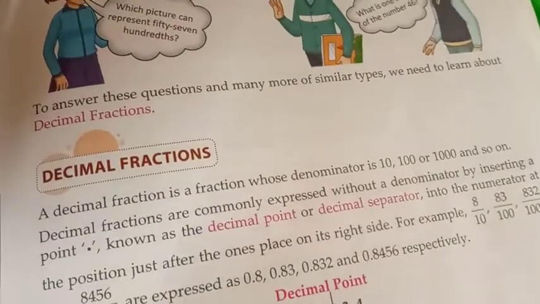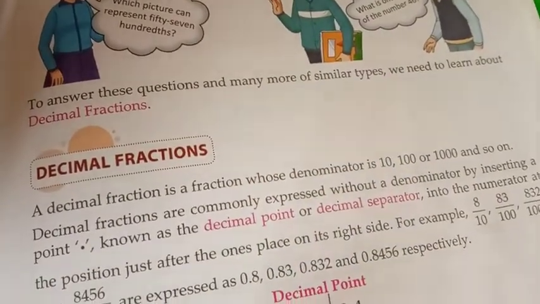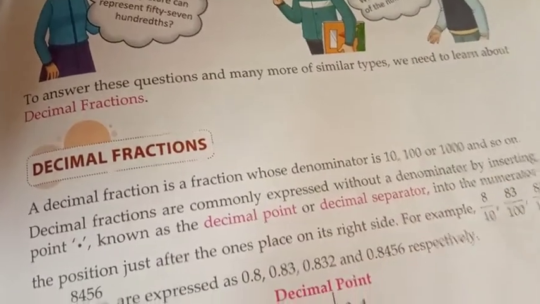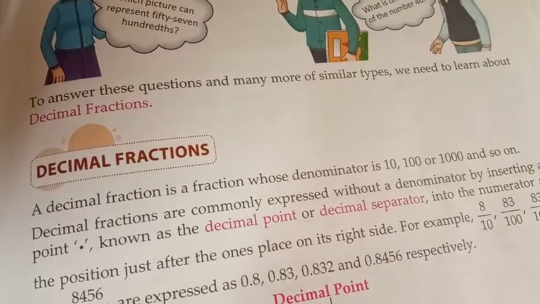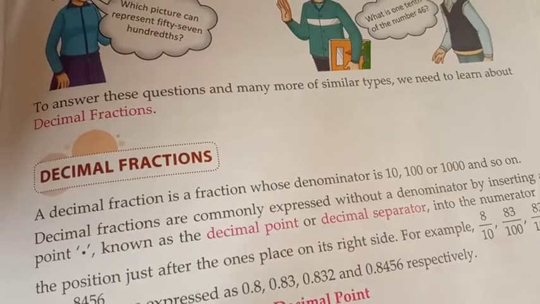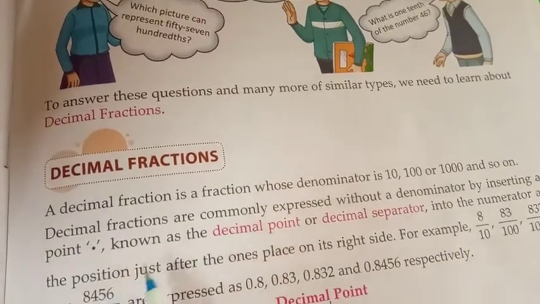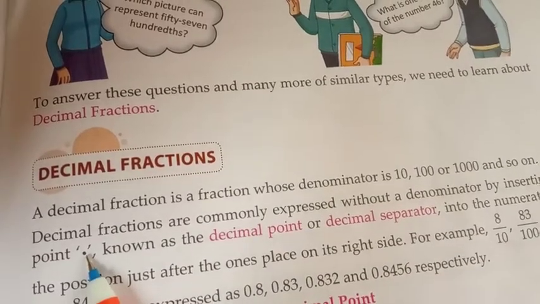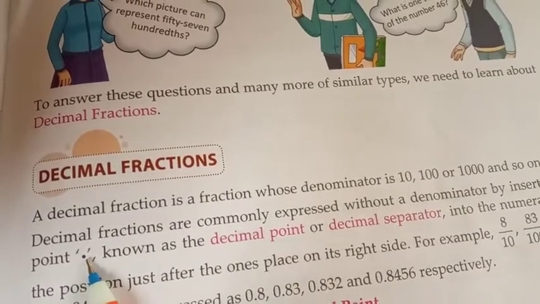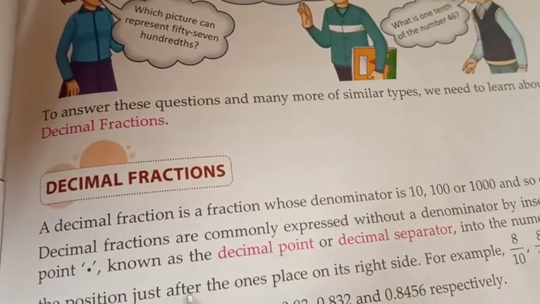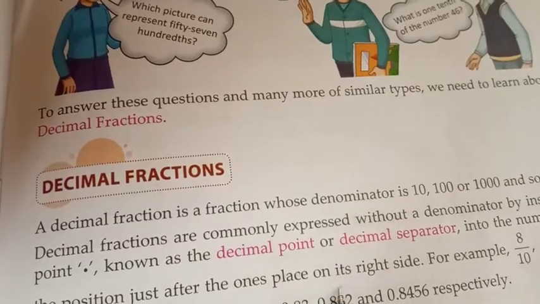Now I want to start the decimal fractions. A decimal fraction is a fraction whose denominator is 10, 100 or 1000 and so on. Decimal fractions are commonly expressed without a denominator by inserting a point, a dot, known as the decimal point, or decimal separator, into the numerator at the position just after the ones place on its right side.